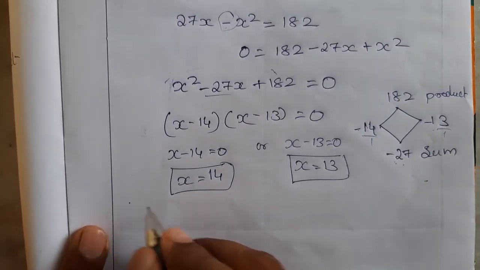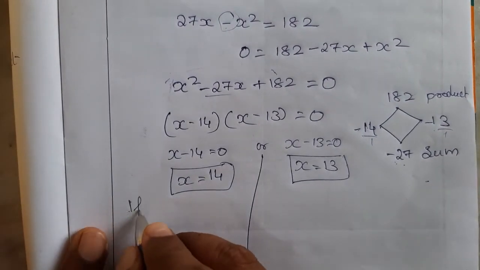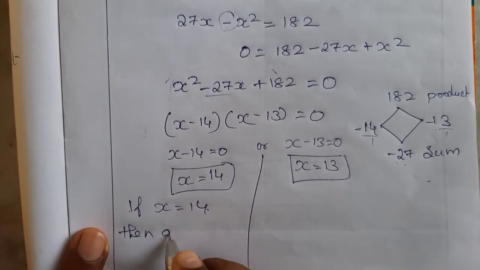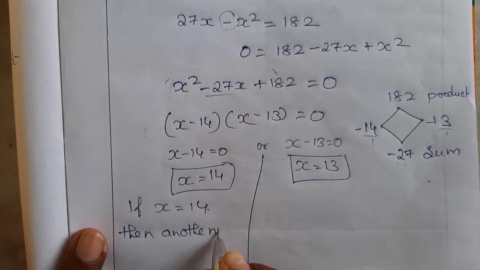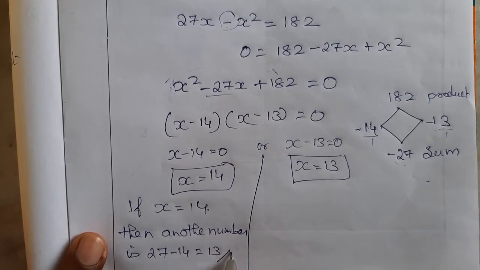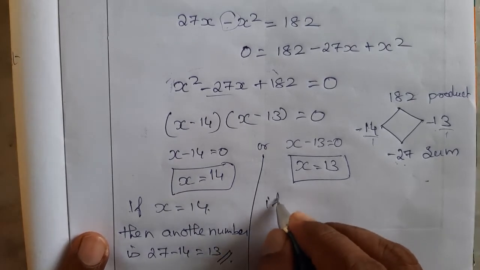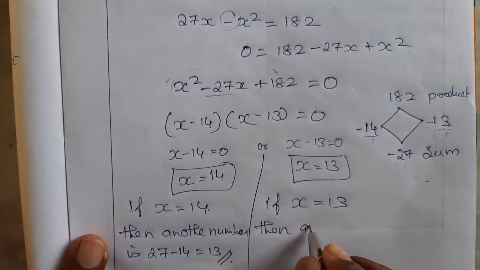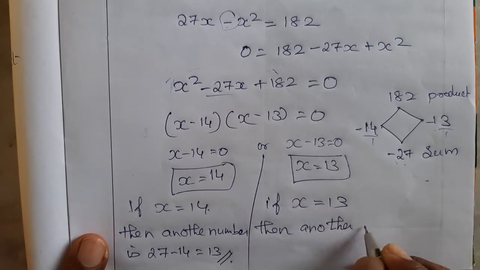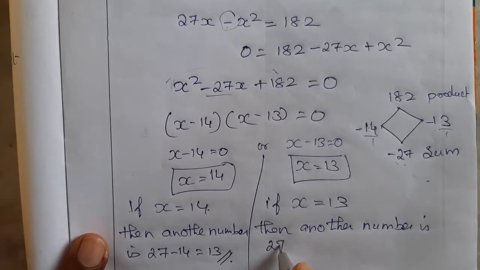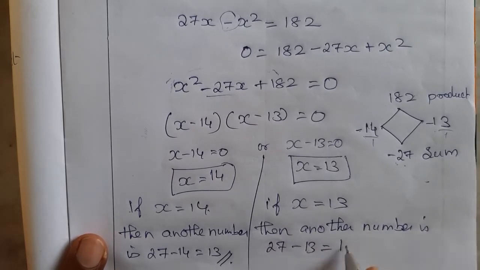If x is equal to 14, then the other number is 27 minus 14, which is equal to 13, right? If we consider x is equal to 13, then the other number is 27 minus 13, which is equal to 14.